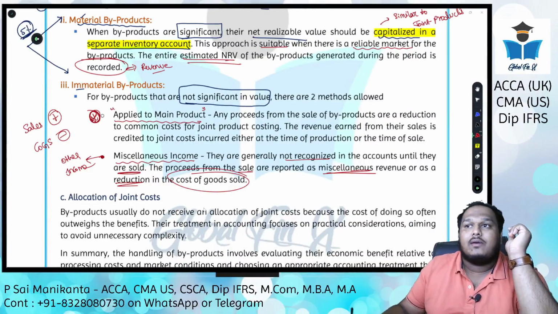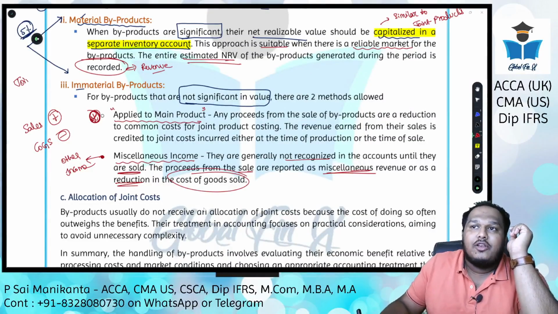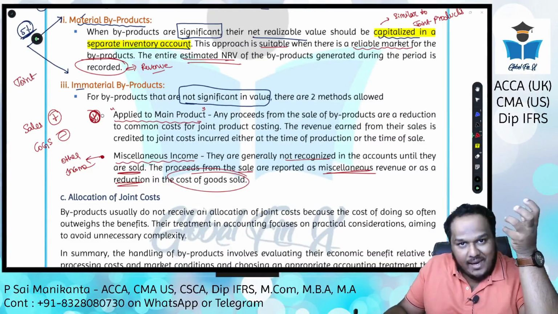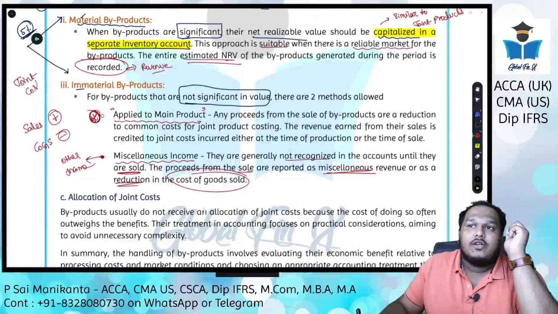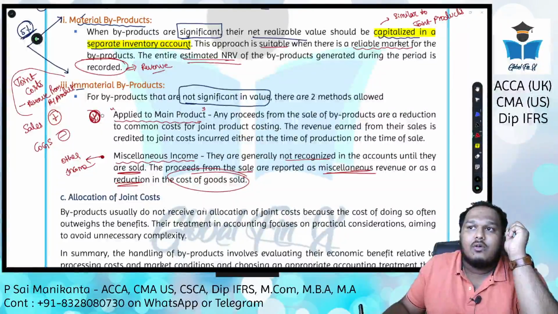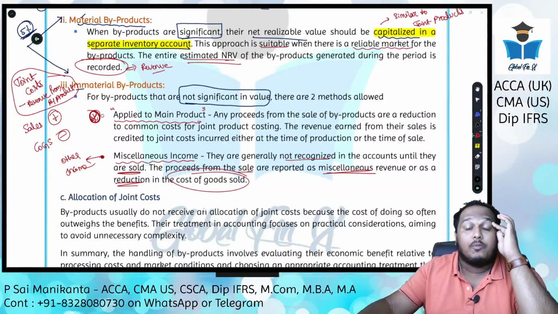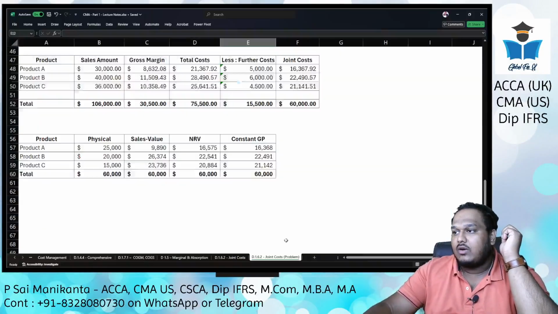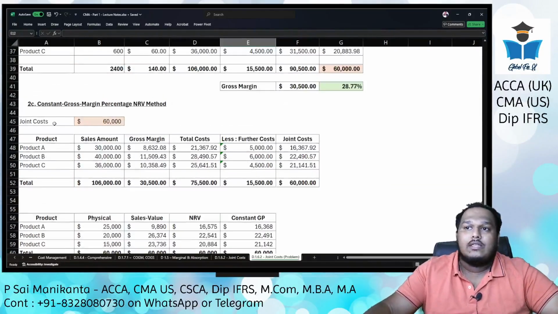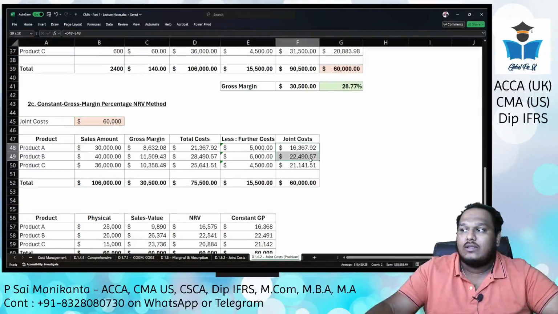Sir, what does that mean? Subtract the revenue from the byproducts from the joint cost, that is, joint cost minus revenue from byproduct, and that difference amount only will be allocated to the common products, the joint products. Like if you remember in the previous questions, we allocated this joint cost of 60,000 to the three products, right?